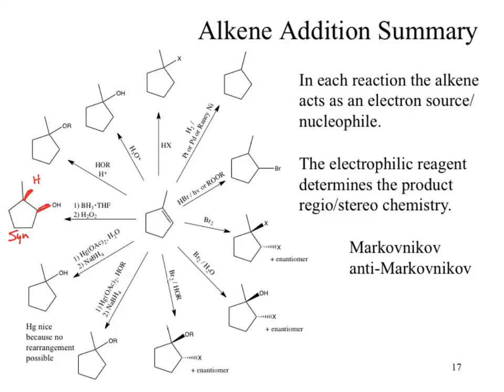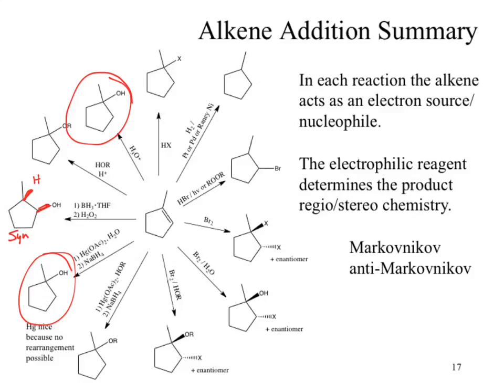The reason why you typically see the mercury: if we take a look at the mercury product versus the H3O product, what's the difference? Absolutely nothing. So why would we bother to use mercury, which is highly toxic? I used to think there was no reason I would use it. I'm not going to risk my life. It actually has to do with the mechanism.